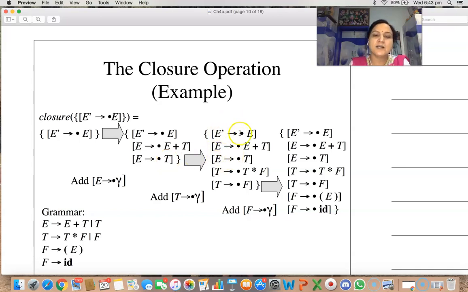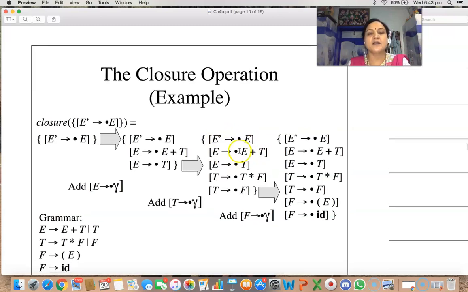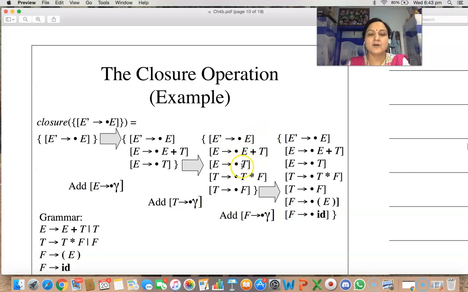So in the next step, E dash tends to dot E, E tends to dot E plus T, E tends to dot T, and because T is a non-terminal, add T productions. What are the T productions? T tends to T into F or T tends to F. So we are going to add T tends to dot T into F and T tends to dot F. Now again F is also a non-terminal, so we are going to add F productions also.